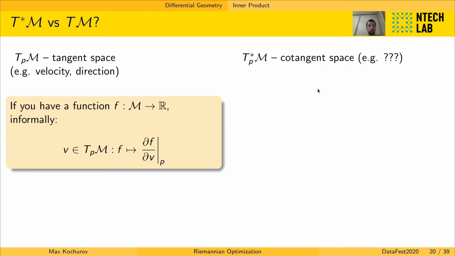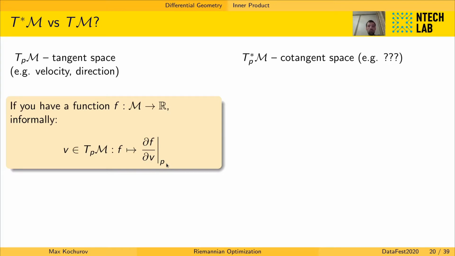For the tangent space, think about a function that maps points on the manifold on Earth to real numbers, like air temperature. And what is a tangent vector? What does it do? A tangent vector is attached to a specific point on Earth and computes the following. It takes a function and outputs the directional derivative of that function at this point.